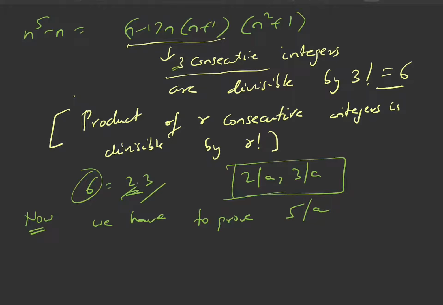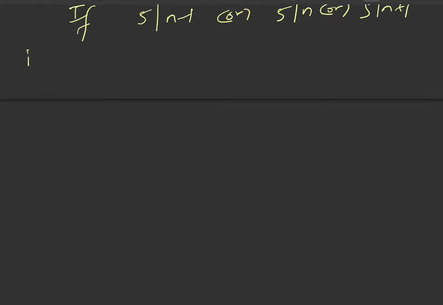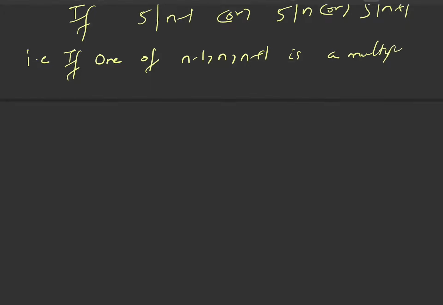So for this what I am doing is, if 5 divides n minus 1, or 5 divides n, or 5 divides n plus 1, then we are already done. That is, if one of n minus 1, n, n plus 1 is a multiple of 5, then clearly 5 divides A, right?